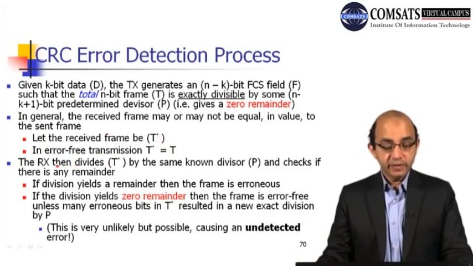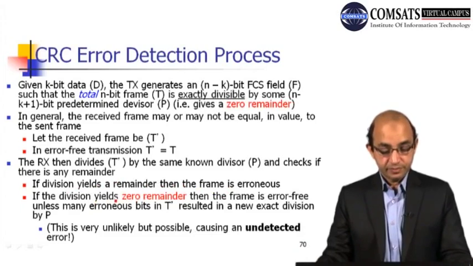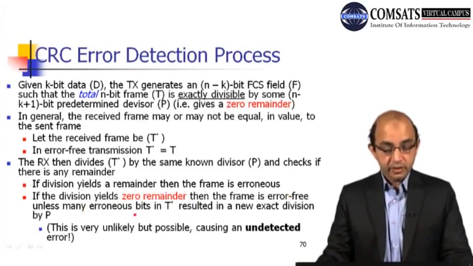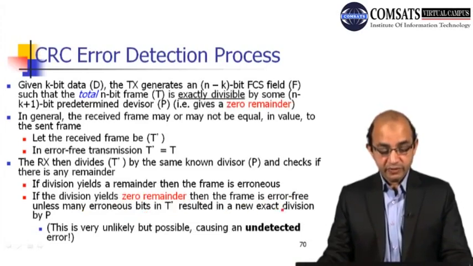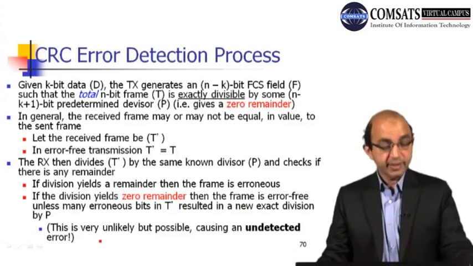The receiver then divides T bar by the same known divisor P and checks if there is a remainder. If division yields a remainder, then of course there is some error, and if the division gives 0 remainder, then the frame is error free and we will accept the data, unless a large number of bits in T bar resulted in a new exact division by P, and that is very unlikely to happen, right?